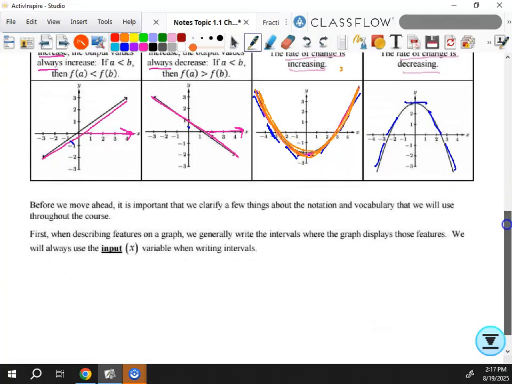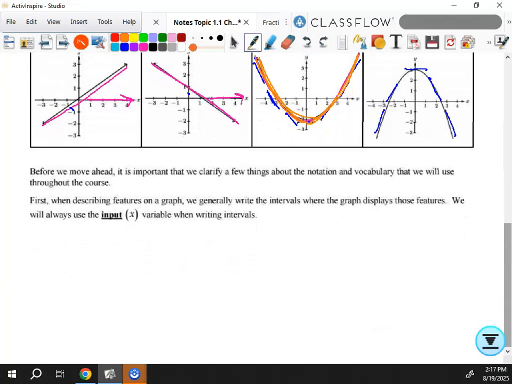All right, so before we move ahead, it's important that we clarify a few things about notation and vocabulary. Those things are huge. First, when describing features on the graph, like increasing, decreasing, whatever, we generally write intervals to explain them, and we always use the input variable when writing intervals.